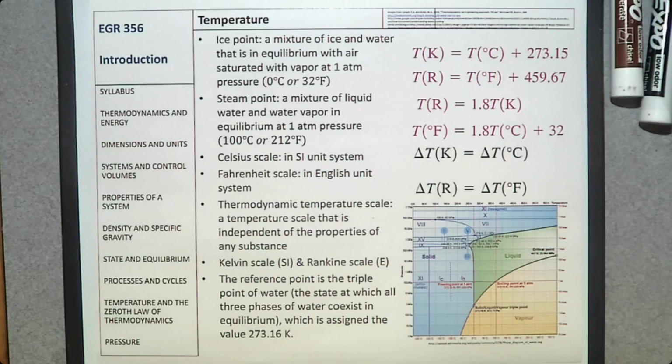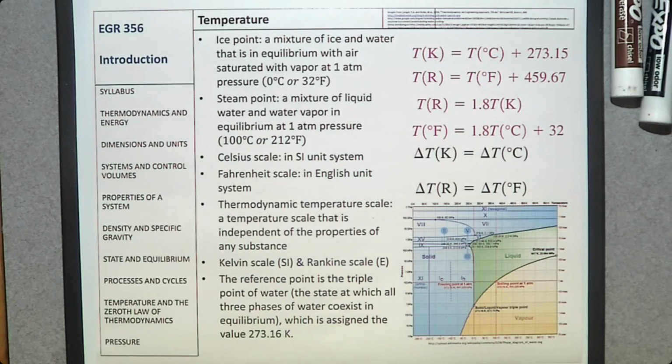So that's pretty much everything about ice point and steam point. Celsius is in the SI unit system. So 0 degrees Celsius is the ice point at 1 atmospheric pressure, and 100 degrees Celsius is the steam point. On the other hand, in Fahrenheit, they are 32 Fahrenheit and 212 Fahrenheit.